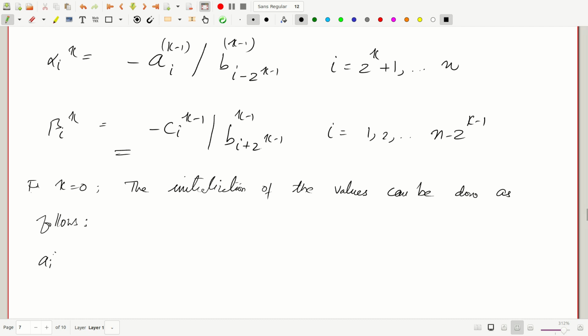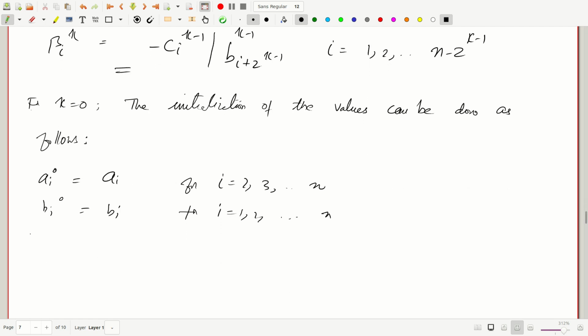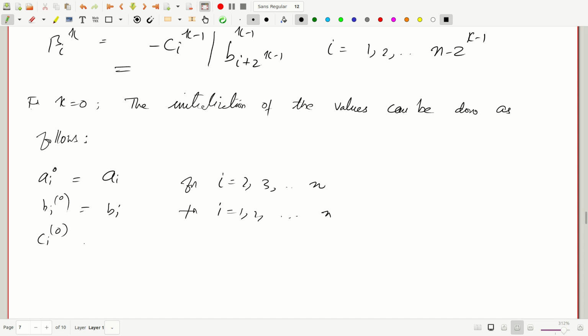So a_i^0 can be initialized to a_i for i equals 2, 3 all the way to n. Similarly, b_i^0 can be taken as b_i for i equals 1, 2 all the way to n. Similarly, c_i^0 can be taken as c_i for i equals 1, 2 all the way to n minus 1. Similarly, y_i^0 can be taken as y_i for i equals 1 all the way to n. Okay, so that is done.